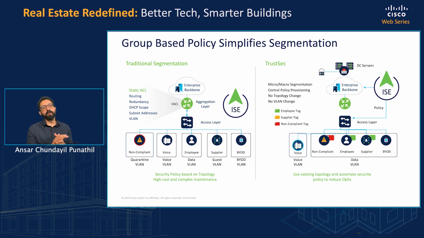GBP offers a solution by allowing you to use a single data VLAN with a voice VLAN, simplifying the overall process. By tagging all the traffic from each endpoint and enforcing it with software-defined segmentation using TrustSec or SDA, GBP makes the VLAN or subnet topology independent, facilitating easier scaling options.